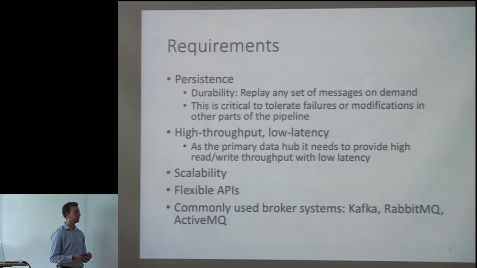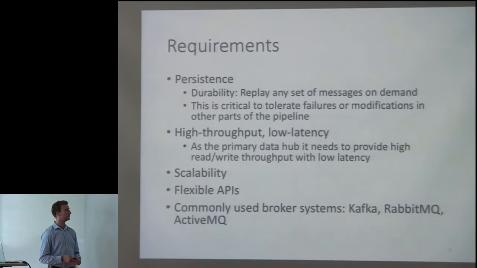These brokers usually replicate the data to make it persistent, and that should be network aware, topology aware. And also, it helps if you can get data locality, so you can get much higher read and write throughput. But these systems are usually implemented that way.